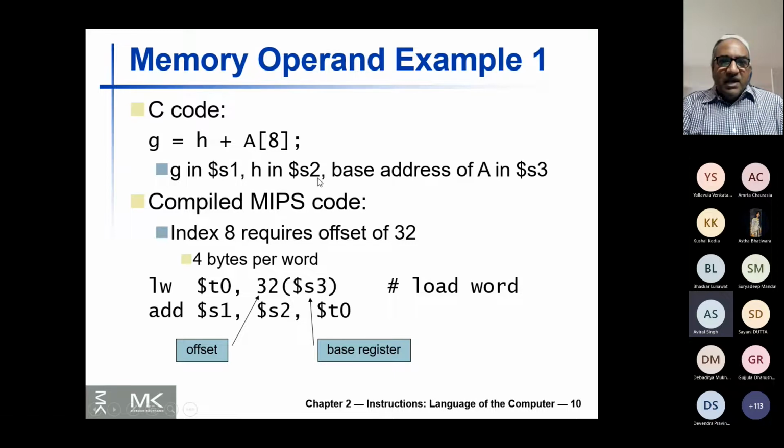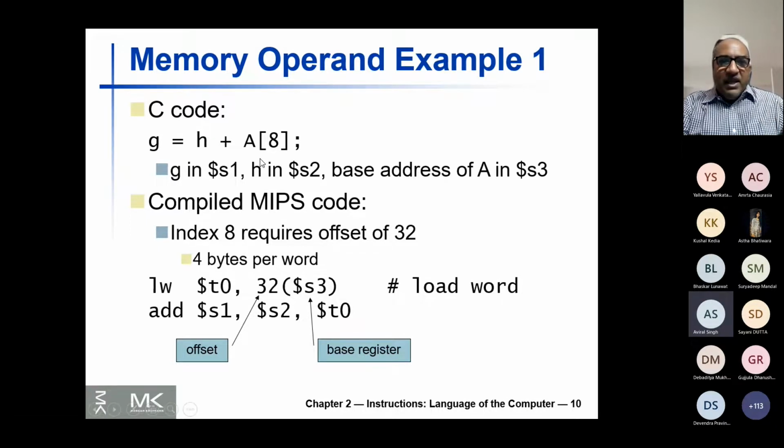So its address will be 32, that is, 32 bytes from the starting address of the array A. The first 4 bytes are the 0th value, then the next 4 bytes, and so on. A of 8 will be available at addresses 32 to 35, so these 4 bytes constitute A of 8.